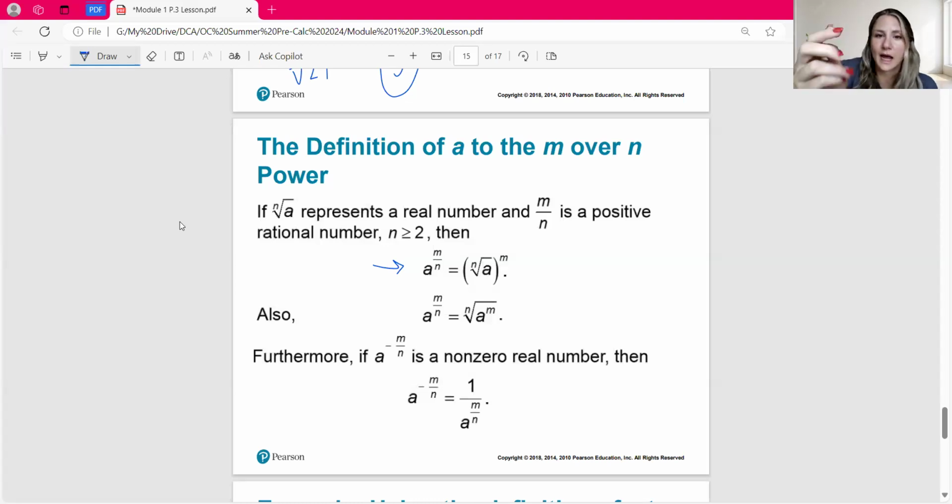These are both the same. It would be good to write down that the denominator becomes the index, and then the numerator becomes the exponent.